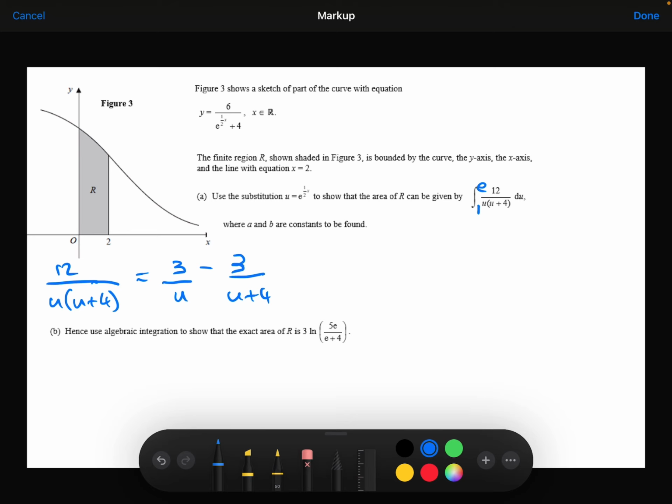So the integral from 1 to e of 3 over u minus 3 over u plus 4. The 3 over u will integrate to be 3 ln u, and the 3 over u plus 4 will integrate to be 3 ln u plus 4.